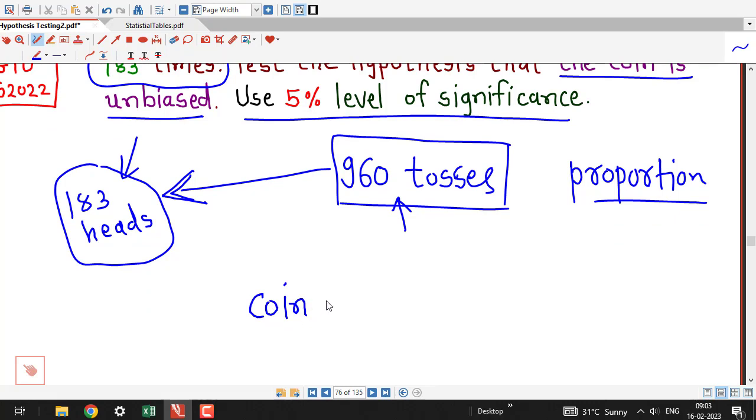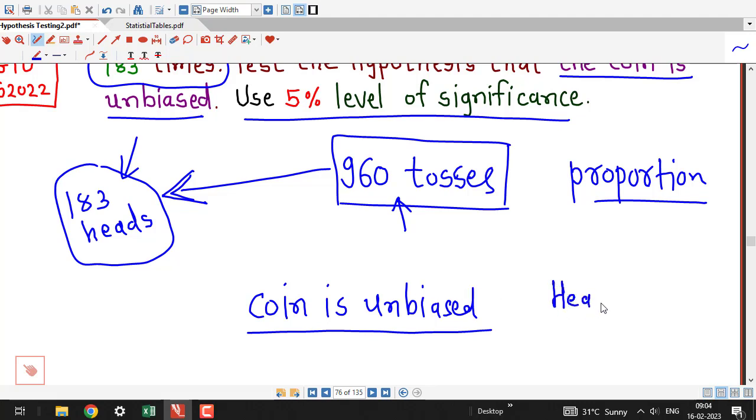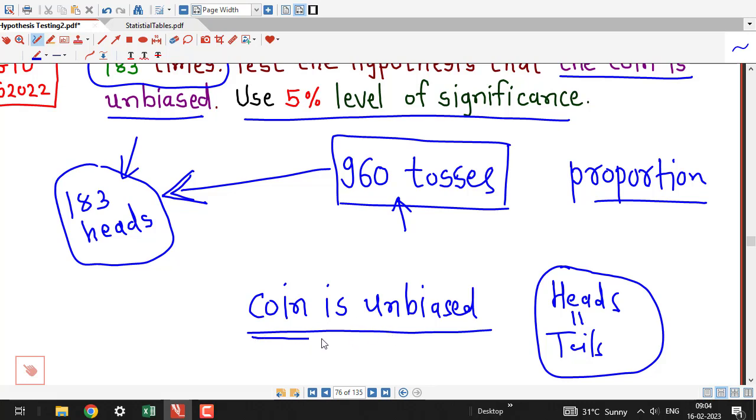Now when can we say that the coin is unbiased or fair? We know that the coin is unbiased if there are equal numbers of heads and tails on all possible throws. The number of heads and number of tails must be equal for the coin to be unbiased.